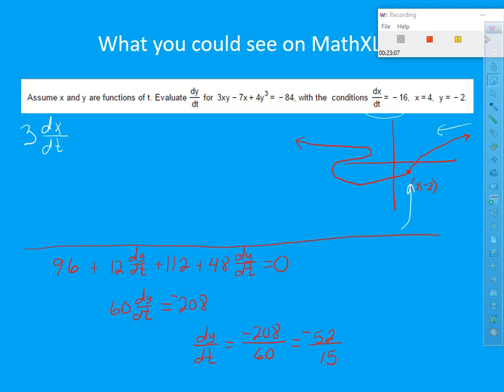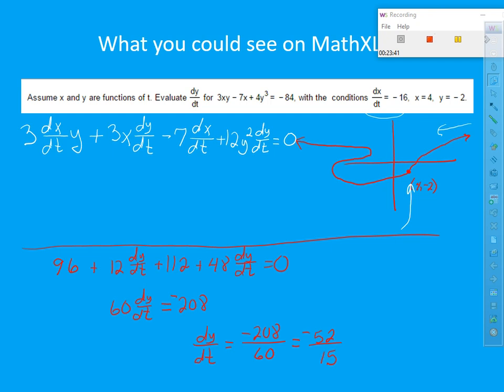So I got the derivative of the first times the second, plus the first times the derivative of the second, which would be 1 dy/dt, because the x value is changing and the y value is changing, minus the derivative of 7x, which is 7 dx/dt, plus 12y squared dy/dt, and that's going to equal 0.